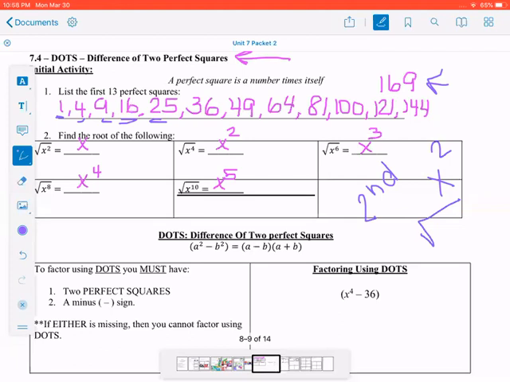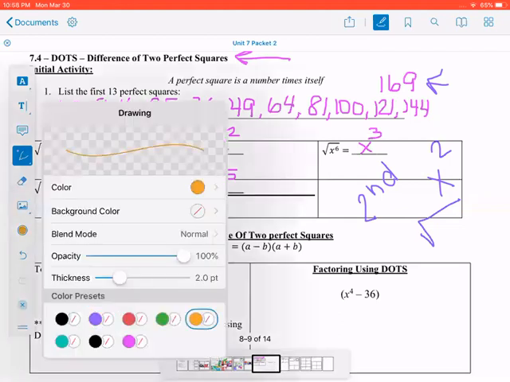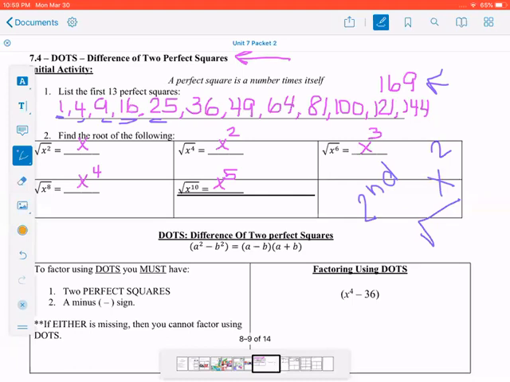I want to talk now about taking the square root of a variable. So for DOTS, we're going to be talking about perfect squares, and any variable that has an even number as the exponent is a perfect square.